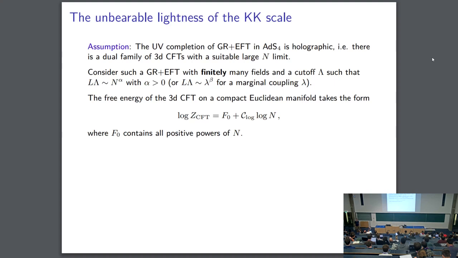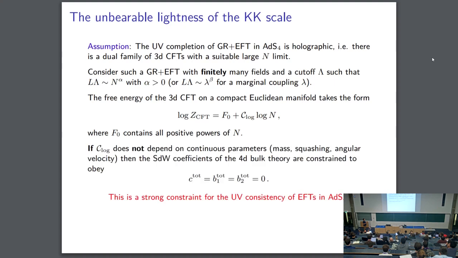In 3D, I don't have anomalies, so I don't really know how to obtain such log n terms or log lambda terms. So that's an argument, not a proof, but an argument that suggests that such things should not happen, which means that every EFT in AdS, UV complete, is constrained to obey this very, very specific condition, that the masses and the charges of these fields in your EFT should add up in this very specific way.